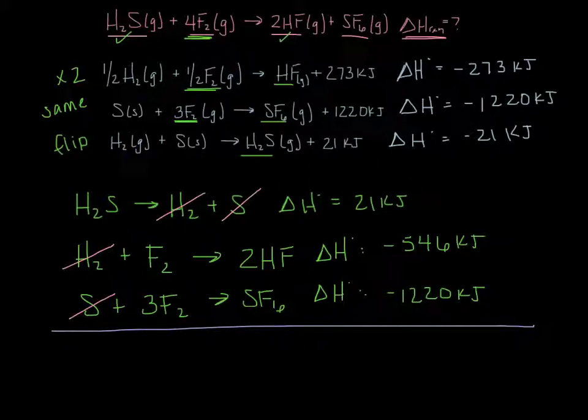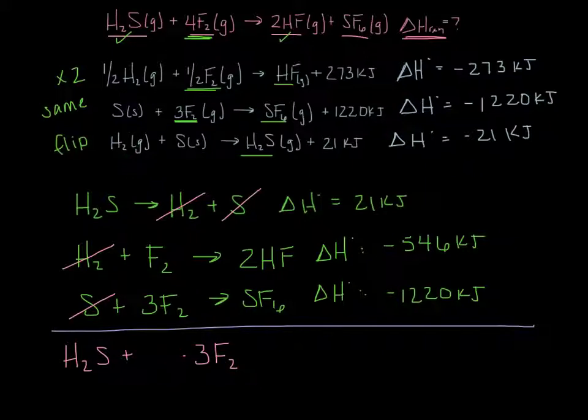So what I'm left with, now I just rewrite my equations, but I combine all three equations with what isn't crossed out. So I'm left with H2S plus F2 plus 3F2, but I can actually combine those together.